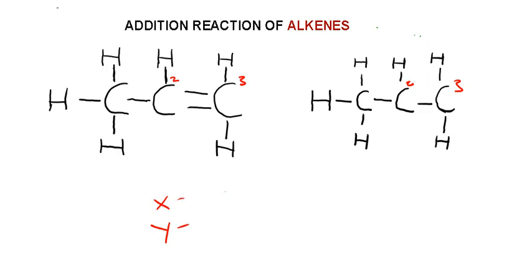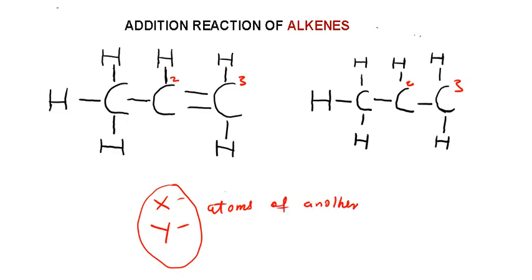So when this double bond opens up, one bond will remain as a single bond, which is this here. Then this carbon atom and this carbon atom will bond with atoms from another element. Here we have this X and Y as atoms of another element.